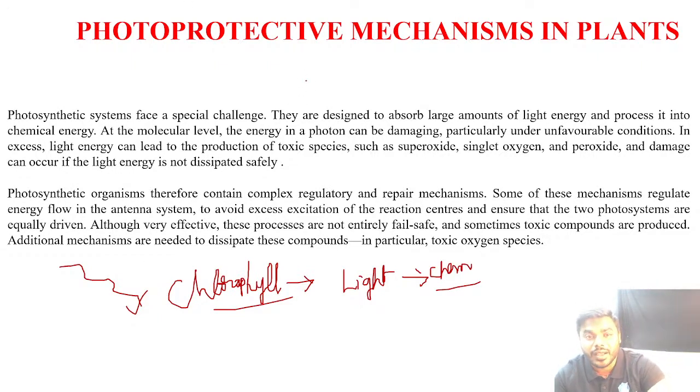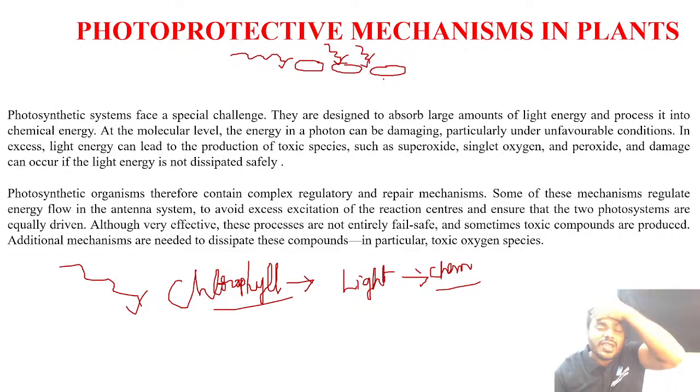Everyone pay attention. Now this is one chlorophyll, this is another chlorophyll, this is another chlorophyll. You know, friends, what is happening? This chlorophyll is also absorbing the highest sunlight, this also, this also. These three are unable to convert the light energy into chemical energy.